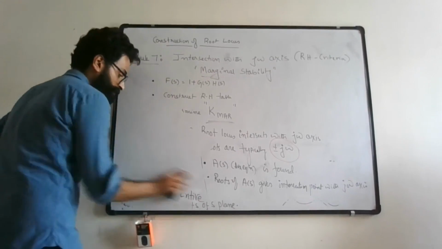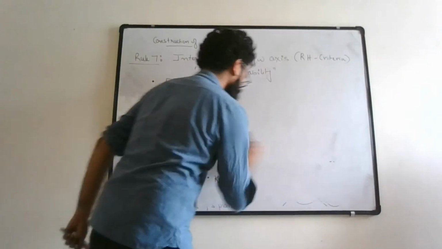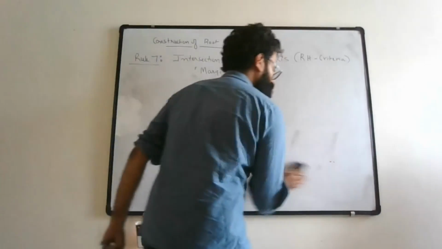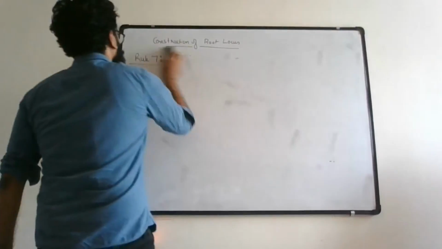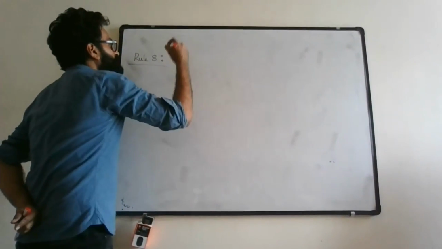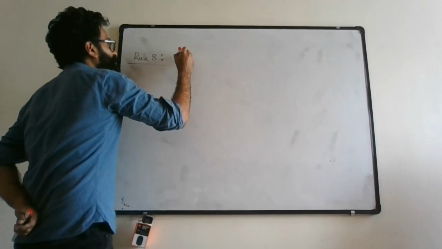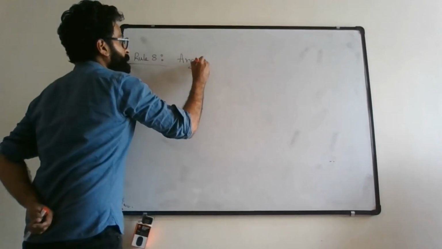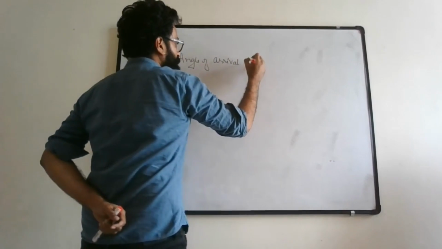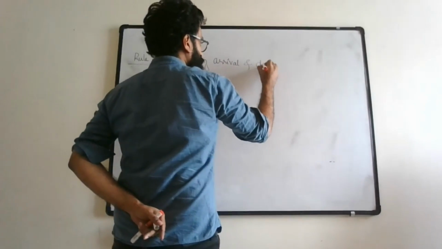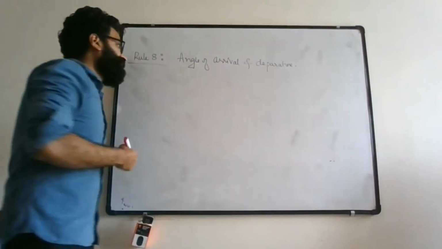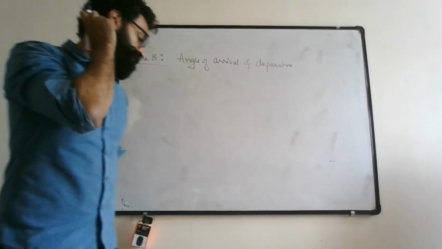Let us discuss the final rule, rule number 8, which is called angle of arrival and departure.